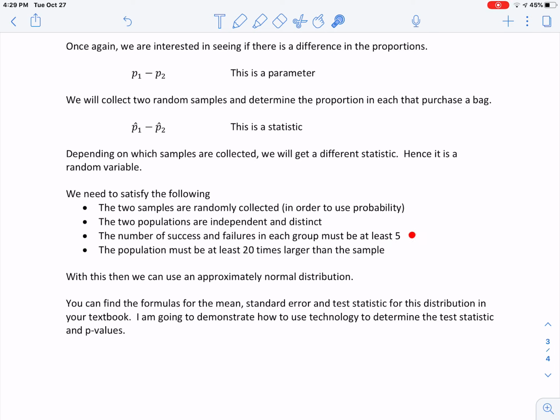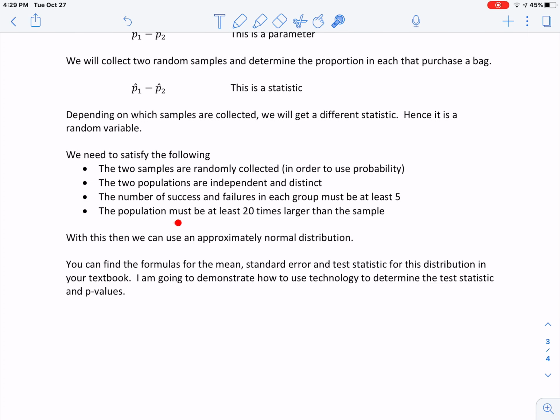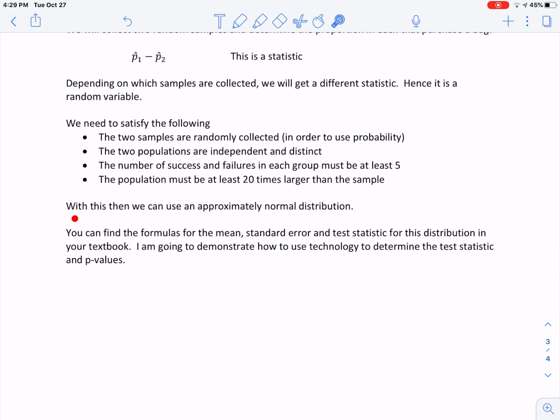This is to satisfy the normal distribution situation. And then the population must be at least 20 times larger than the sample. That's just because we are assuming that this is roughly a binomial distribution. So if we've satisfied all these, then we can use an approximately normal distribution.